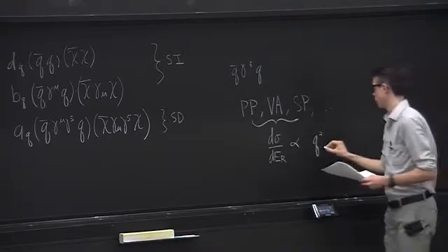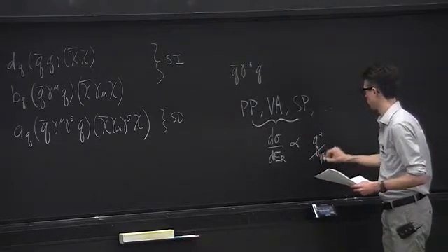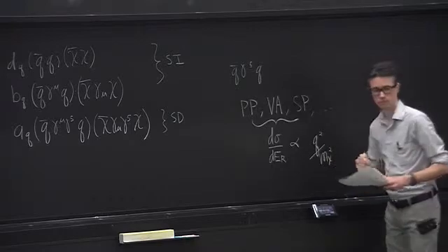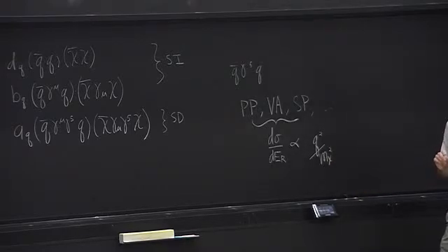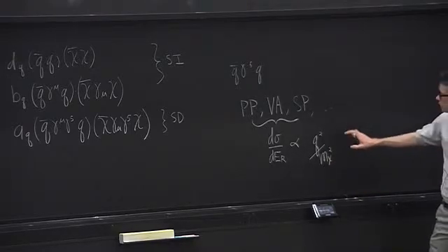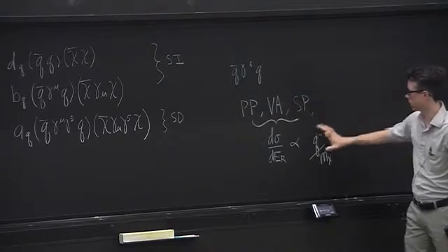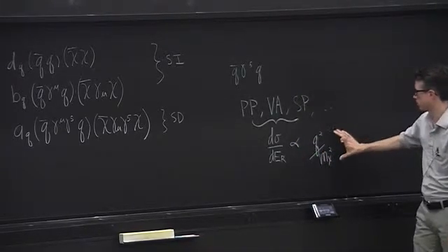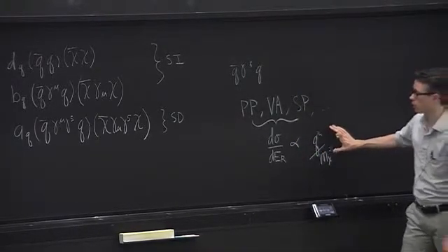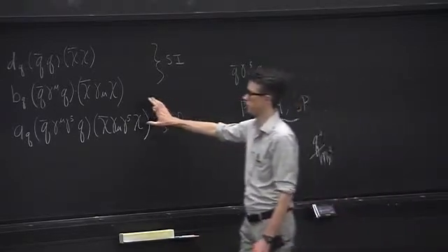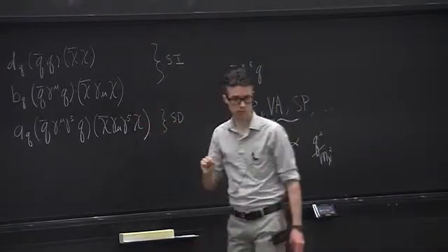Or actually, sorry, I should say q squared over m chi squared. So put another way, these interactions give me cross sections that are suppressed by powers of this, whereas the relative suppression of these is just an order 1 number.